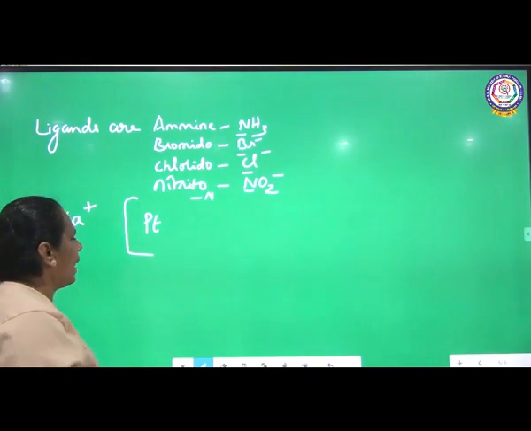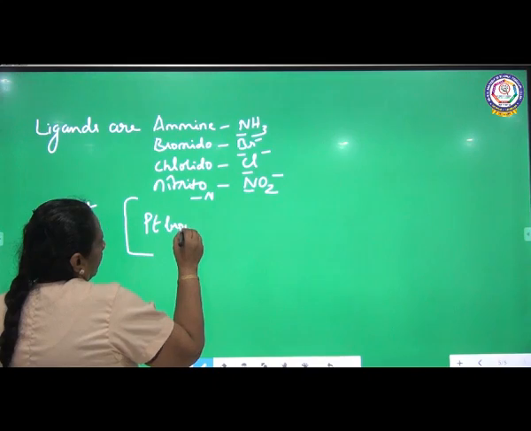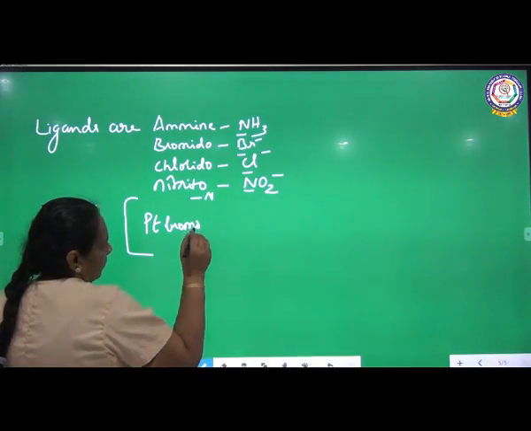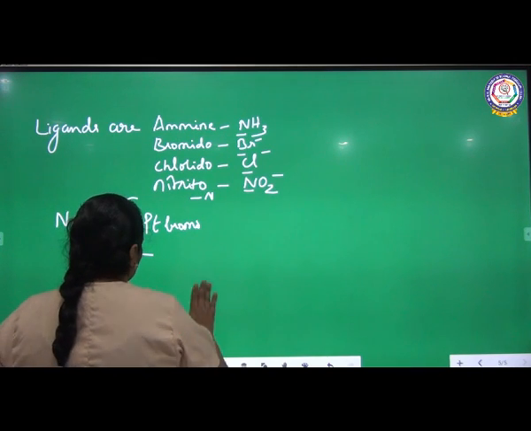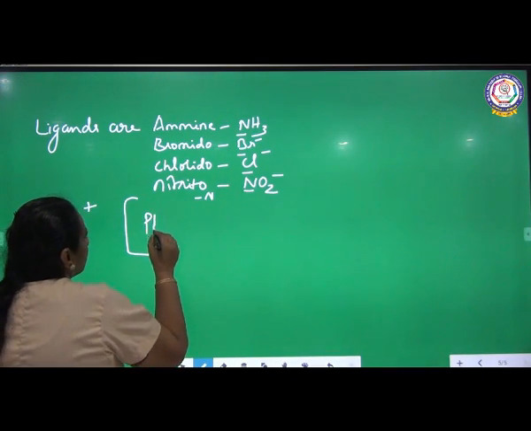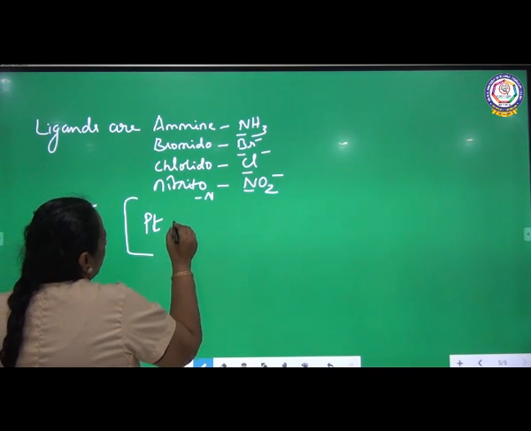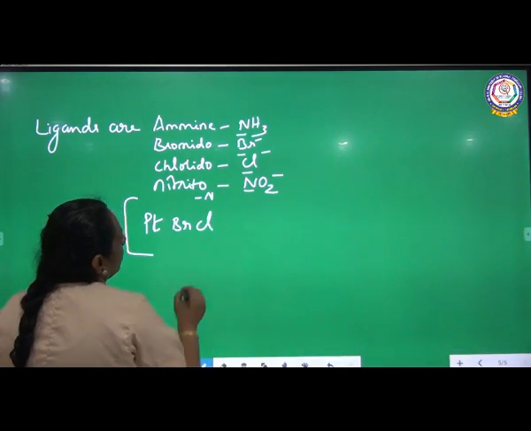So bromine will be coming first, bromido, Br. Chlorido, Cl.